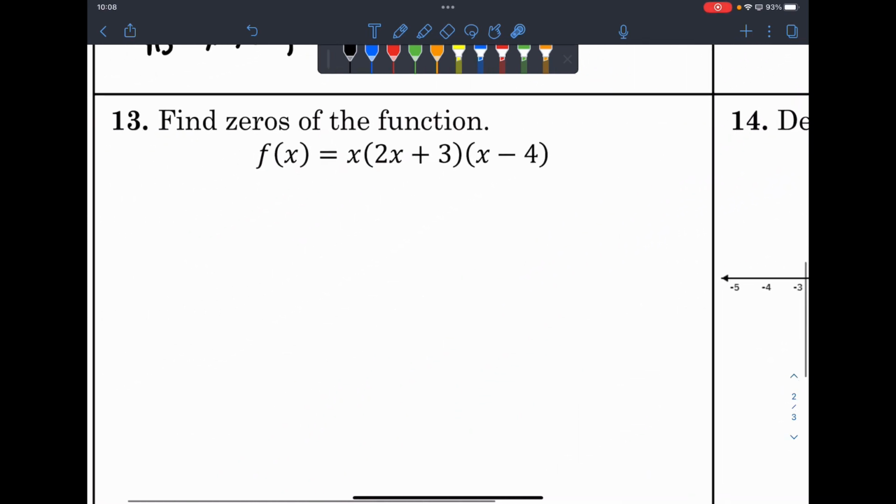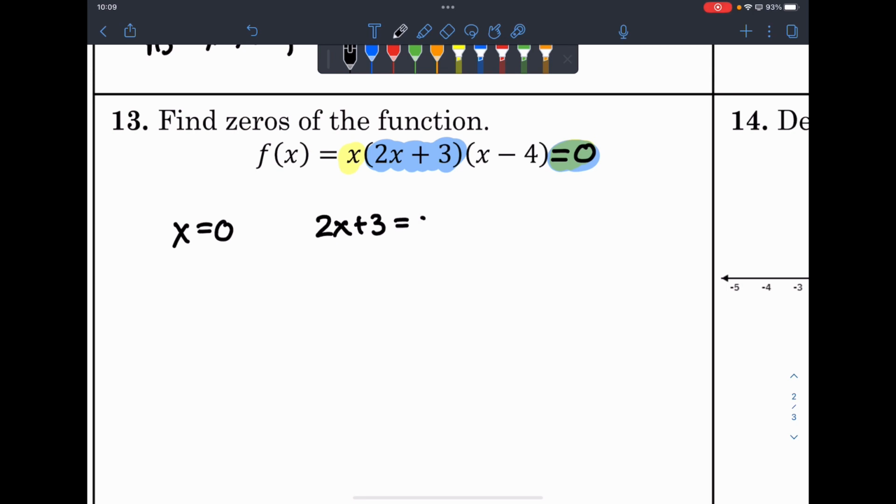Now, to find the zeros of this function right here, remember again, that simply means that we're going to set this equal to 0. So the only way that this equals 0 is if the factors equal 0 themselves. So starting with the first one, x equals 0. (2x plus 3) equals 0, and x minus 4 is also equal to 0.